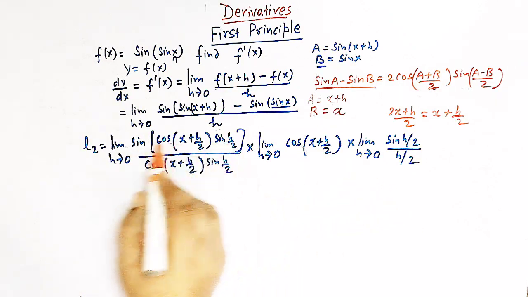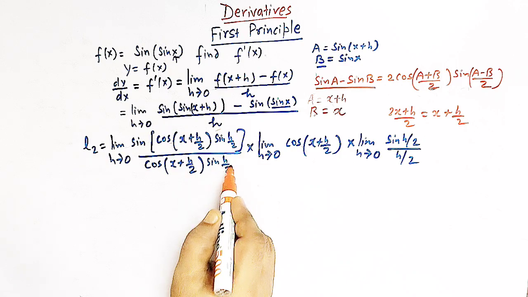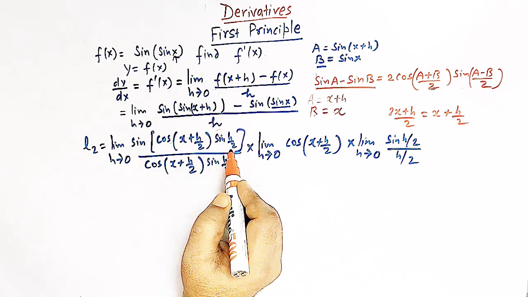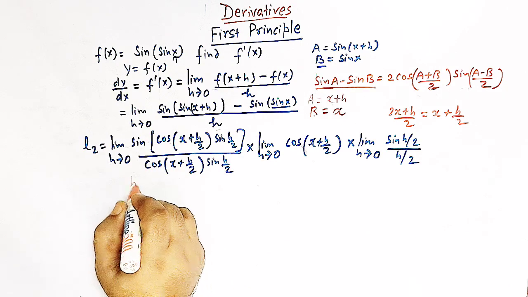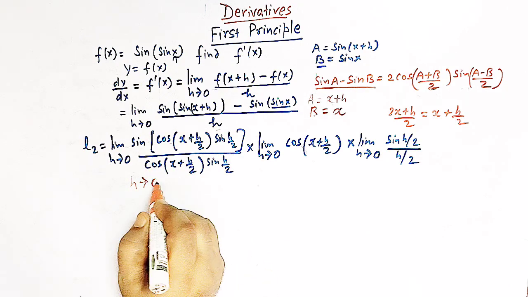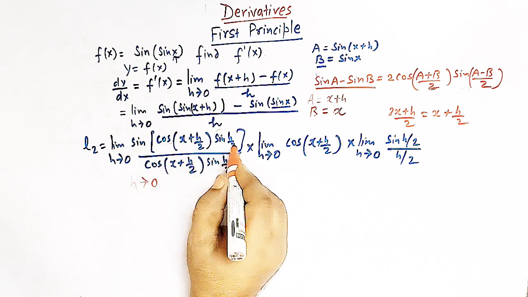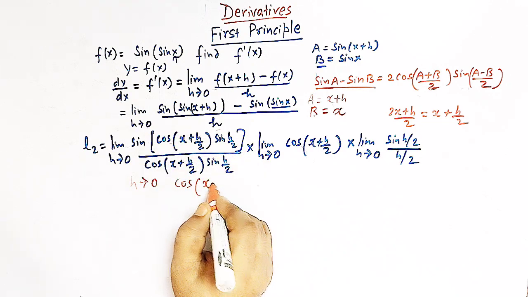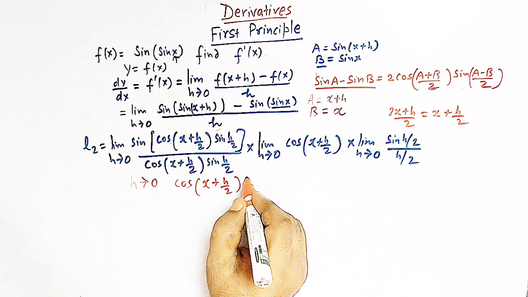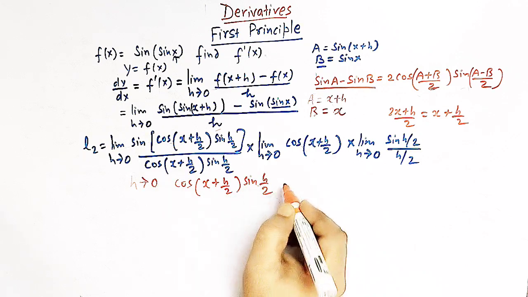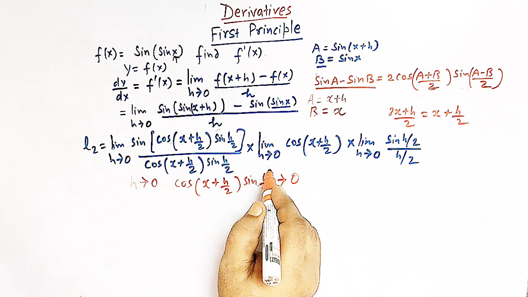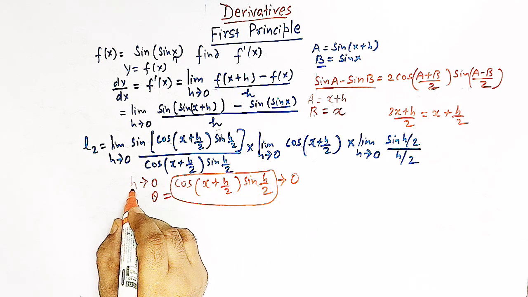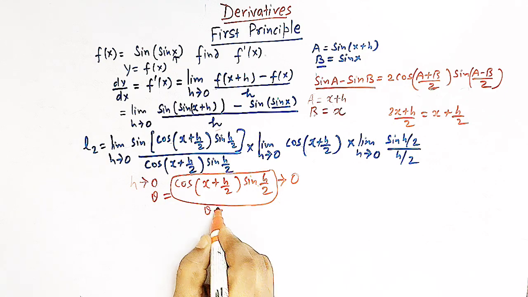Now see, here we have sine of this term over this term, right? That is cos(x plus h over 2) sine(h over 2). Now see, when h tends to 0, then this term also tends to 0, that is cos(x plus h over 2) sine(h over 2) also tends to 0. So if we take this term as, say, theta, then when h tends to 0, theta tends to 0.